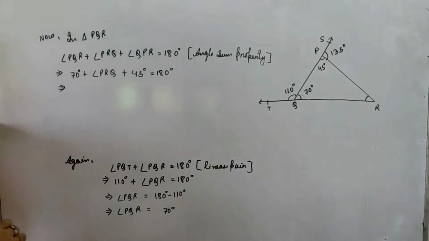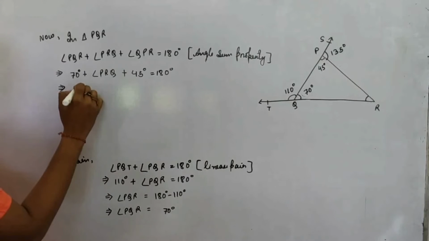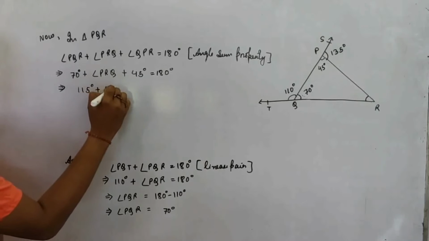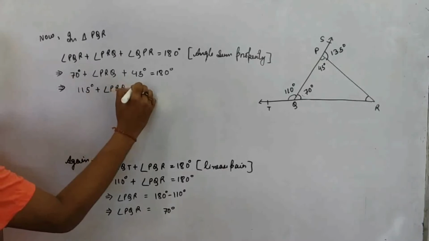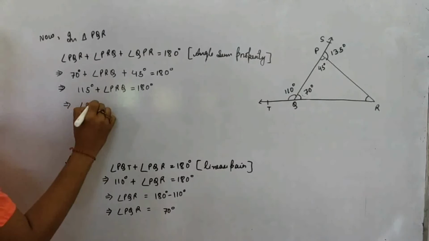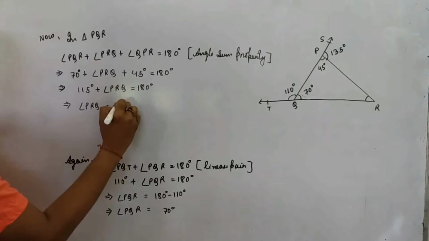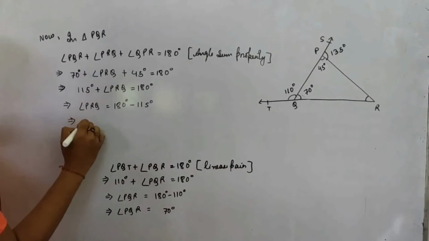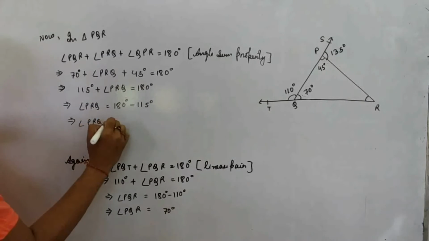So 70 plus 45 is 115 degrees, right? 115 degrees plus angle PRQ will be equal to 180 degrees. So which implies angle PRQ will be 180 minus 115, which implies angle PRQ will be how much?